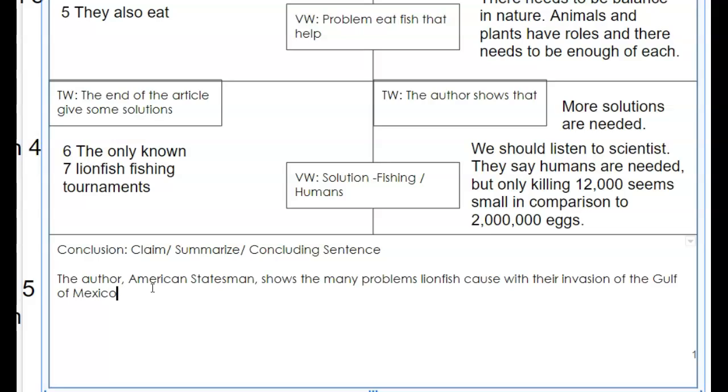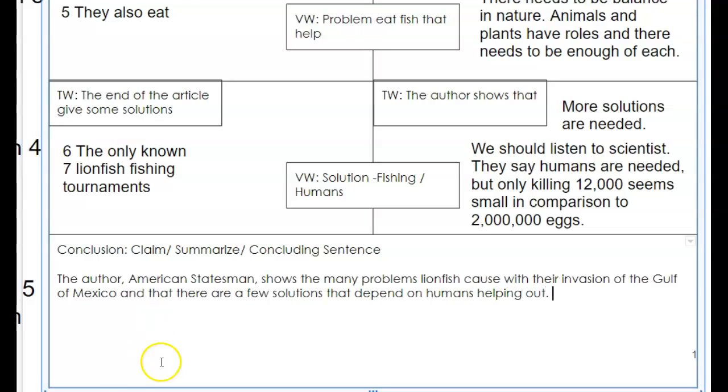They're only an invasive species in this new place. And that there are a few solutions that depend on humans helping out.